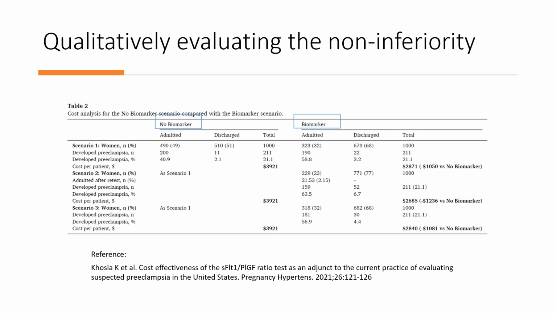The authors focused on the saving from the biomarker, and the implicit underlying assumption is that the biomarker strategy is non-inferior to the no test group. If we are the decision makers, we need a clinical judgment. Can we tolerate missing the additional 11 preeclampsia cases per 1,000 people?